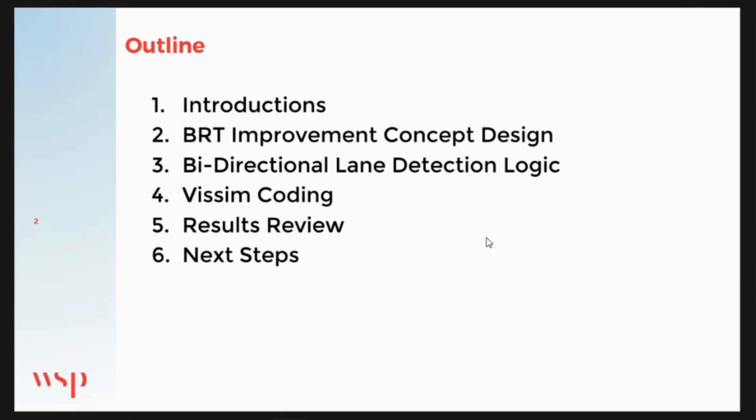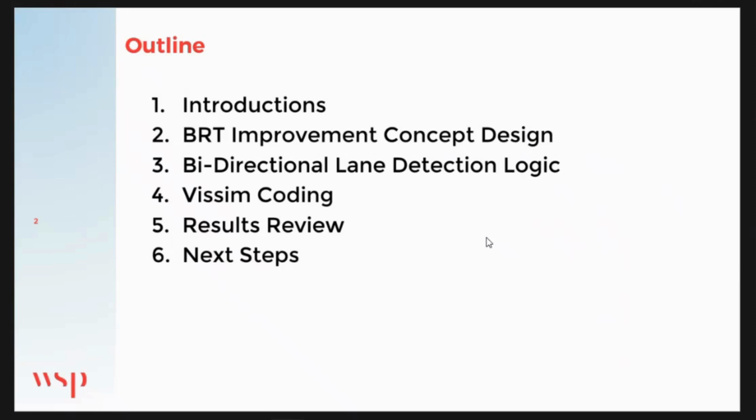All right, here is the agenda for what we are going to talk about. First, Jian is going to do some introduction on what we are presenting, just general about this topic. Then we'll talk about BRT improvement concept design. There are 4 alternatives we want to talk about. Third, that's kind of our focus today, is coding the bi-directional lane detection logic in Vissim.